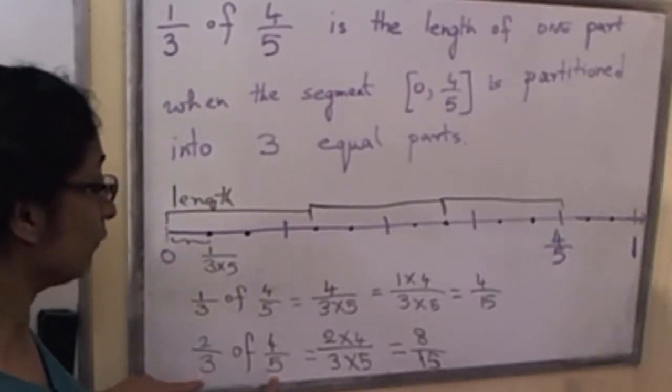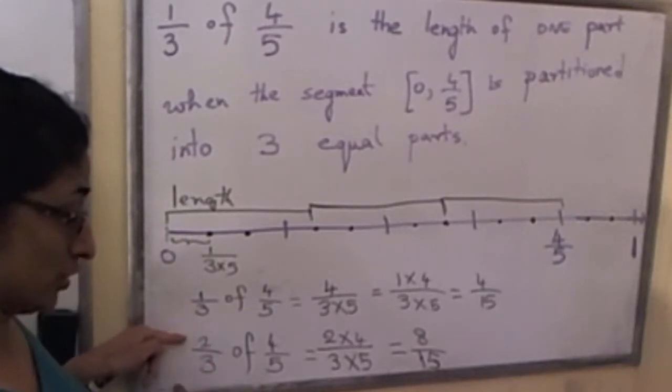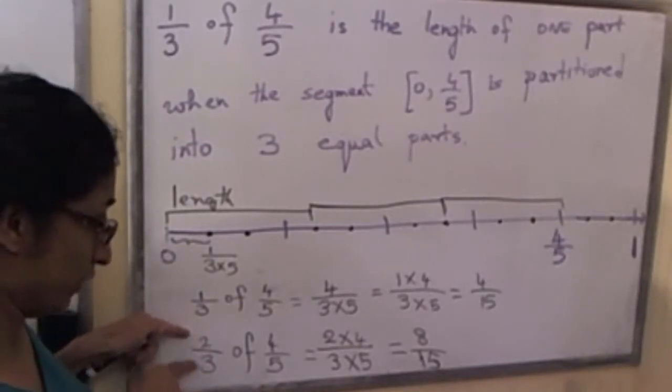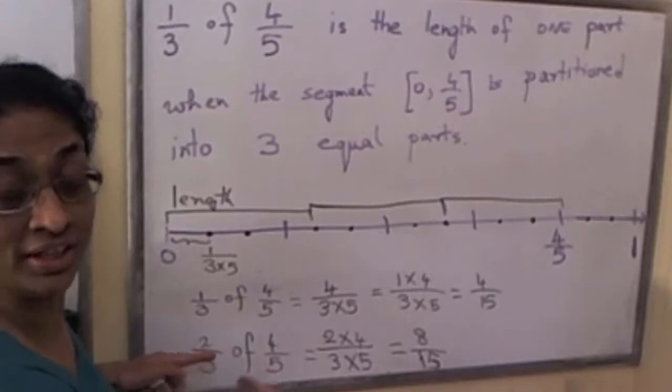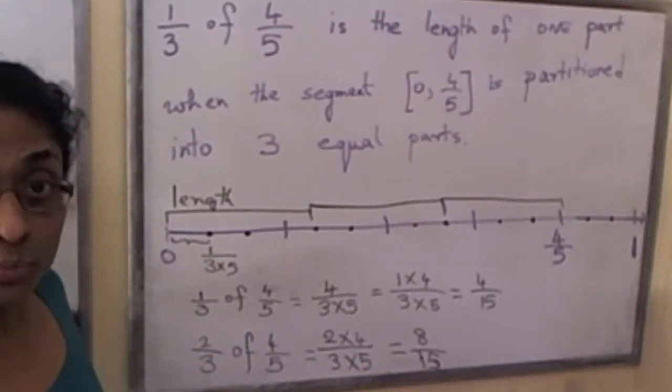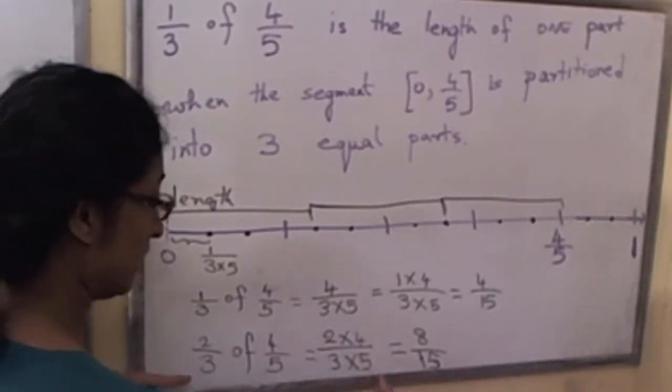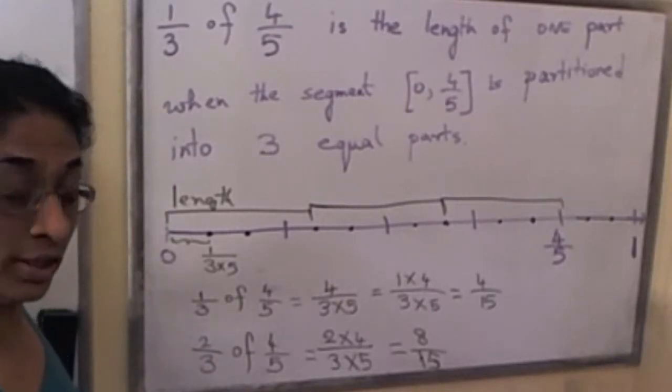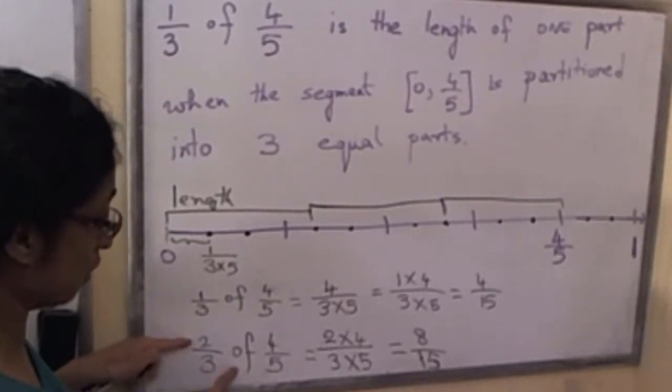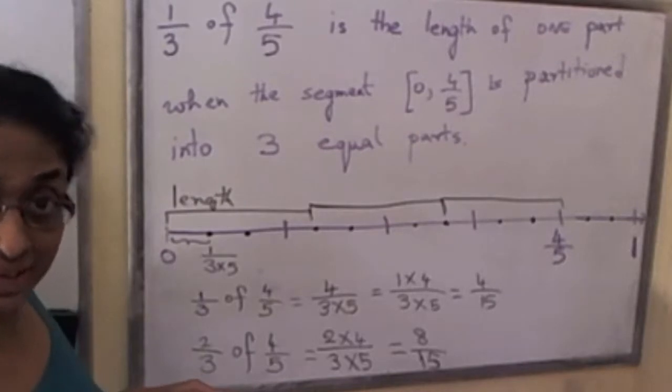So we'll soon consider the general scenario of a fraction of another fraction, and we'll write out a formula for it. It will have a similar structure, but let's also look at 2/3 of 4/5 using the area model.